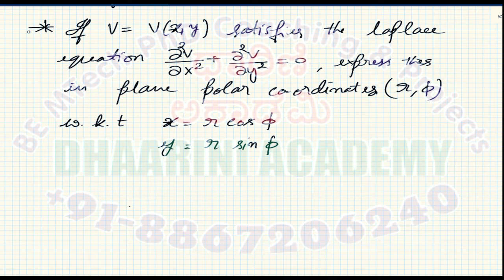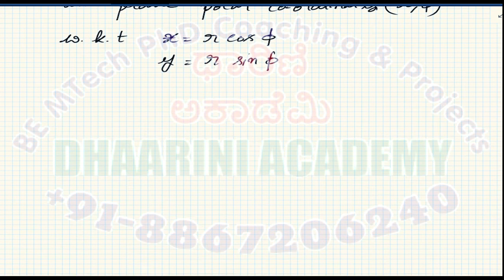Now, let us try to substitute the values. All these substitutions we already have, so I'll try to be quick solving this question. Let me directly write one part. First of all we'll write dou v by dou r, because I'm going to substitute this in the dou v by dou x.